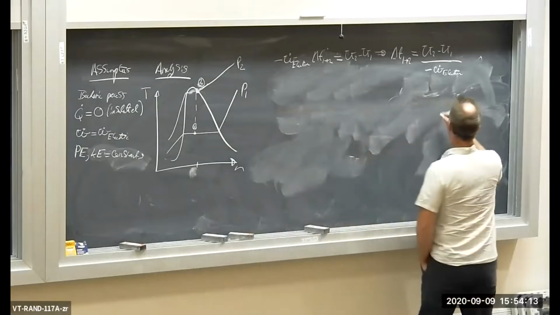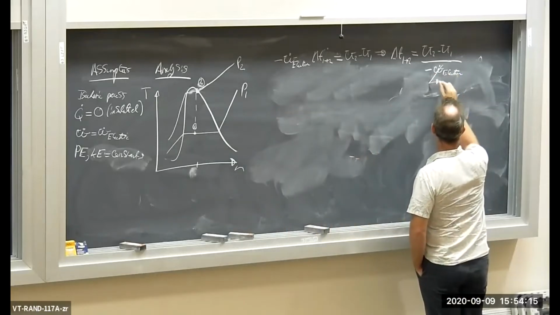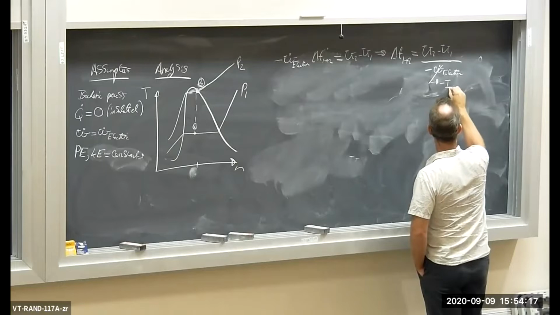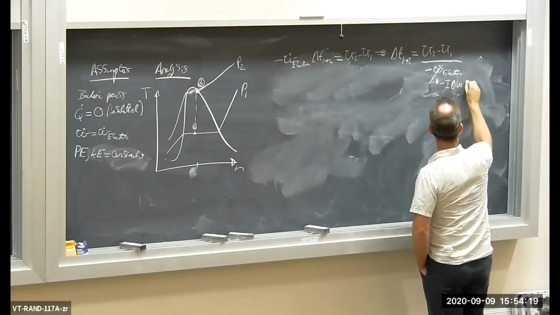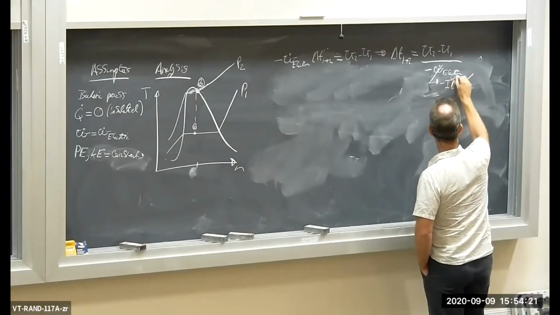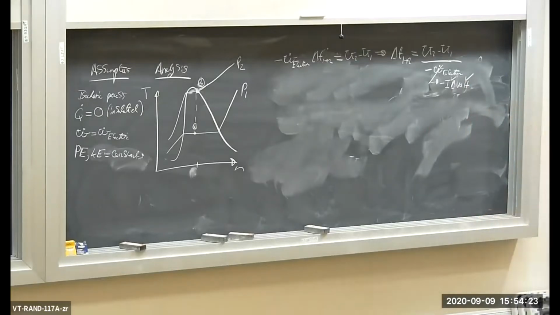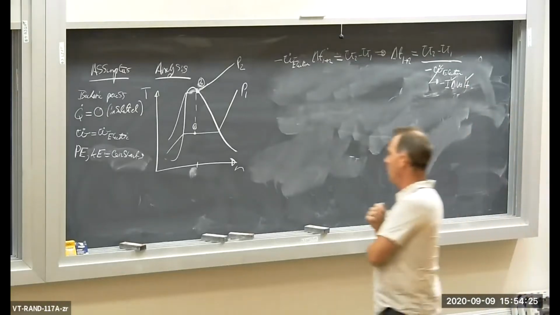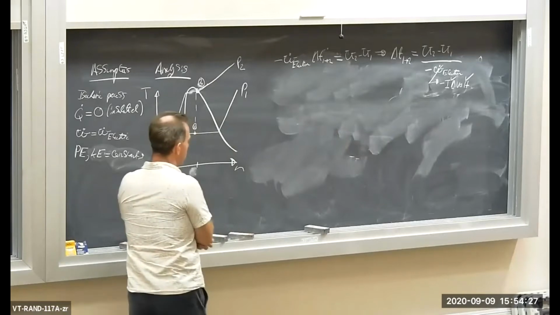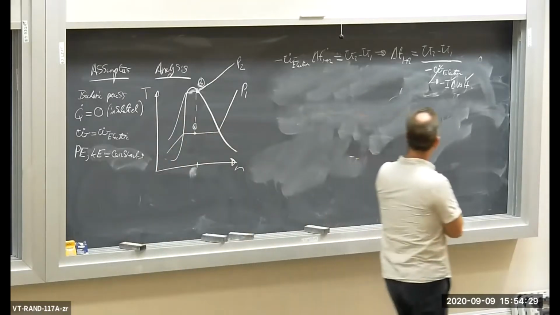I basically know what W dot electric is. That is negative current times voltage. I have both these things. So I have W dot electric. What about U1 and U2?